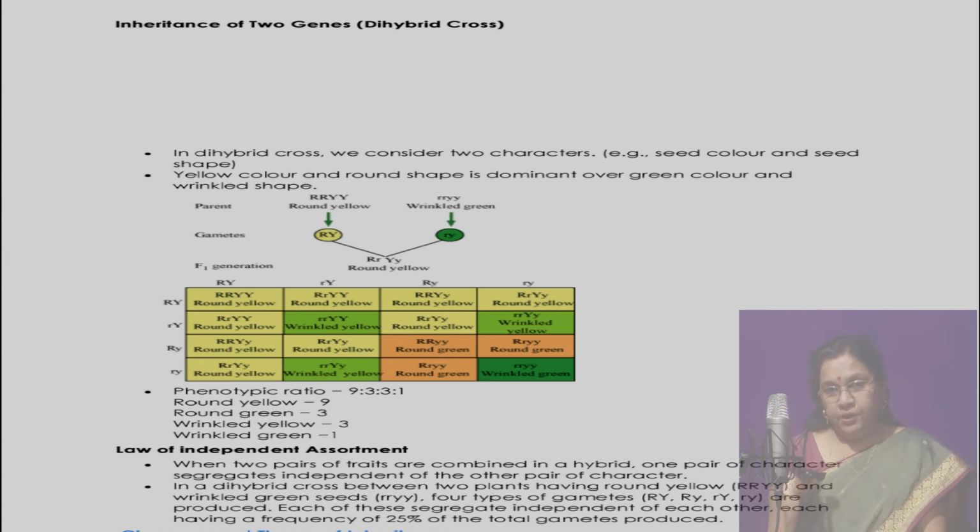9:3:3:1. Here, in this case, the 9 is the parental combination, round yellow, and the 1 obtained is also the parental combination, that is the homozygous recessive allele, wrinkled green.